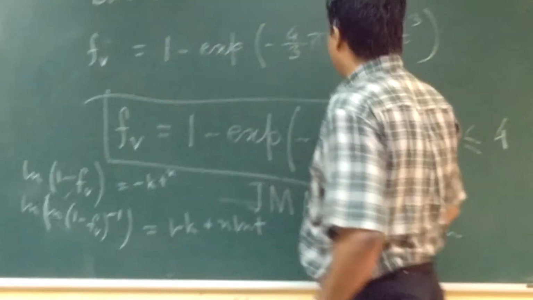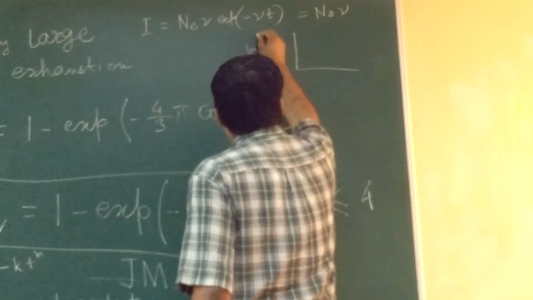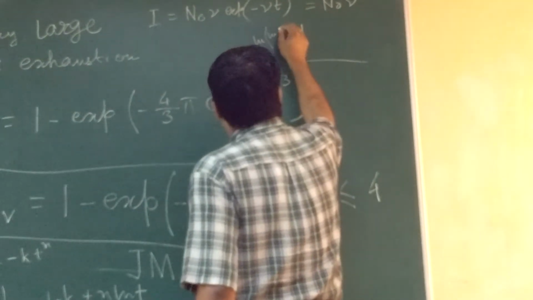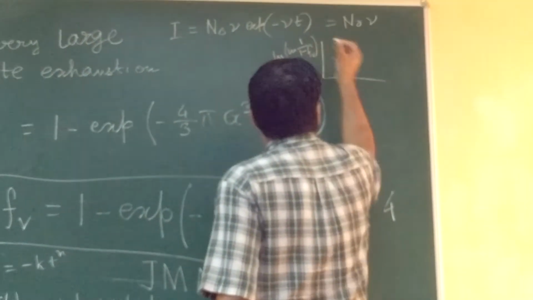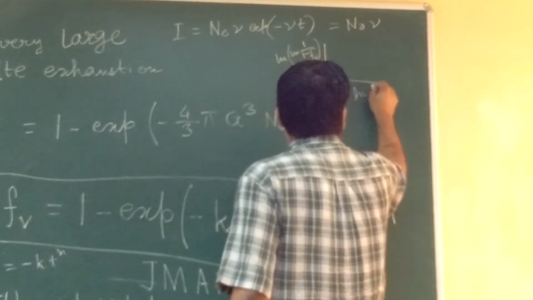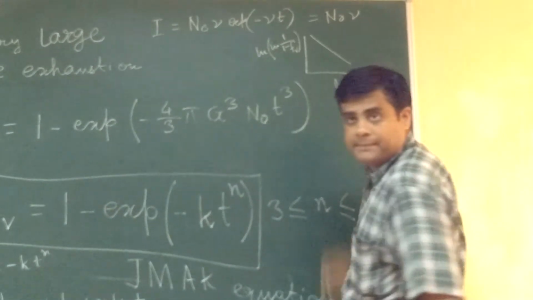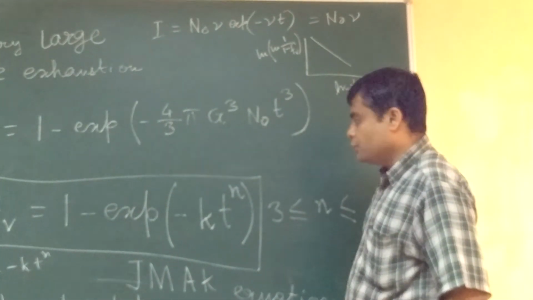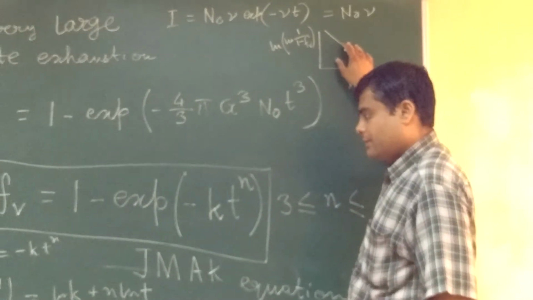So experimentally you will plot ln of ln 1 over 1 minus Fv against log time. What will you get? A straight line, whose slope will give you n.